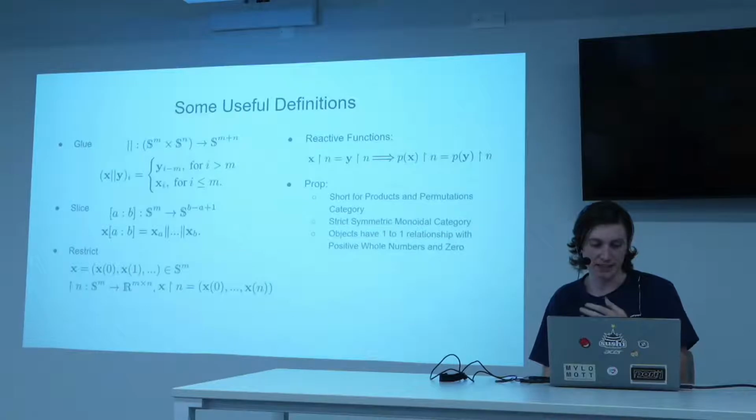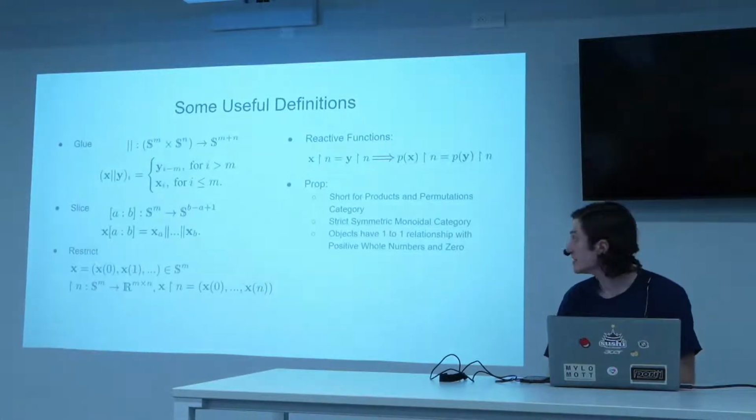It's a morphism within the category, because it acts on signals and outputs a signal. This particular one is going to become very important later on, because it's part of my definition of a signal processor.